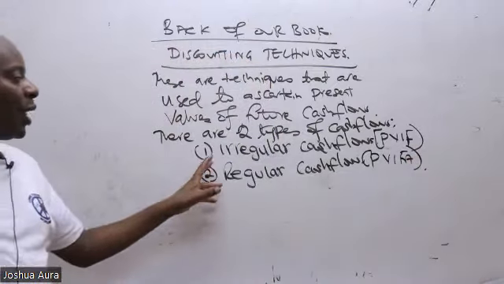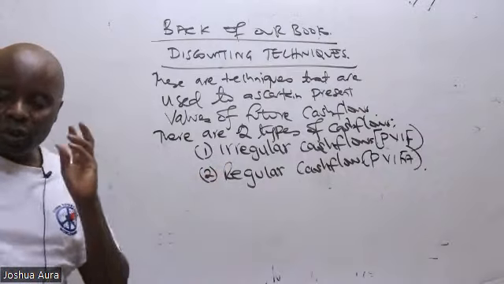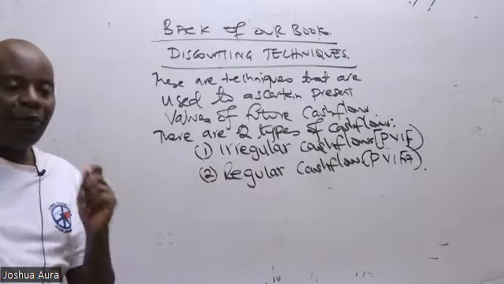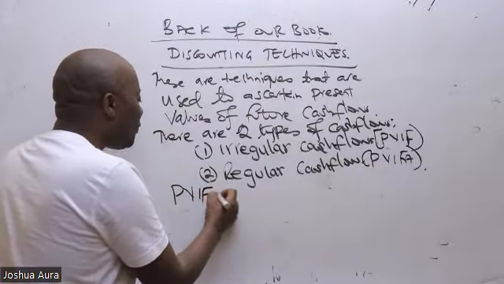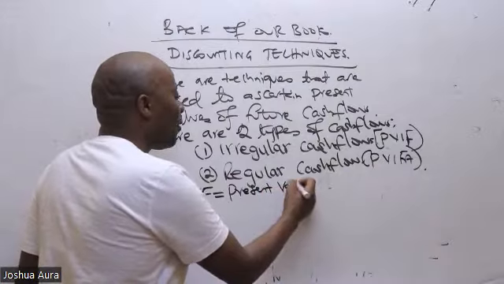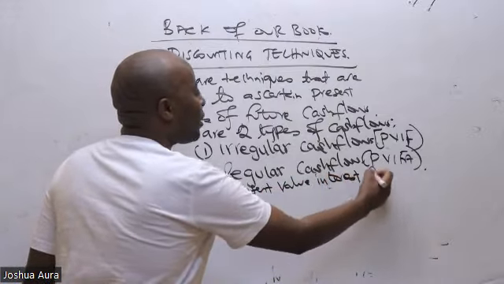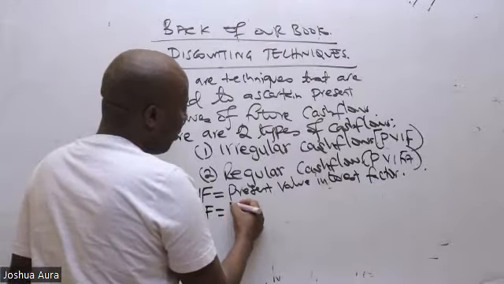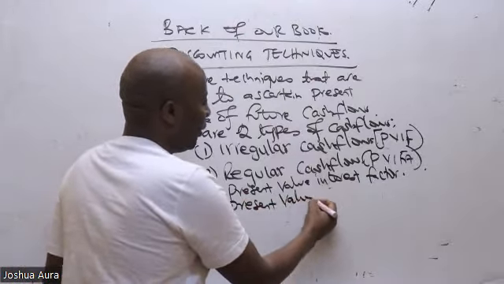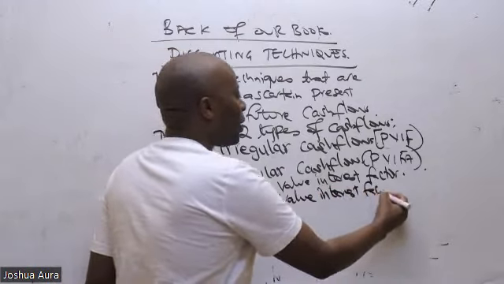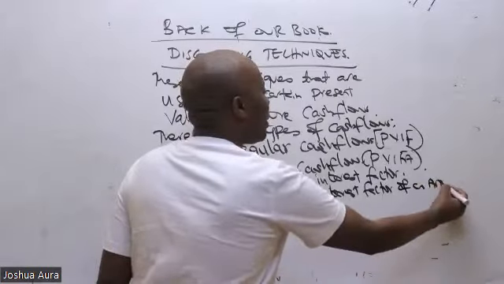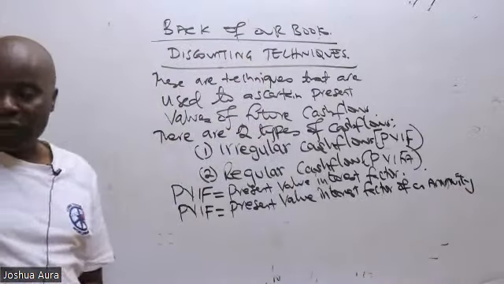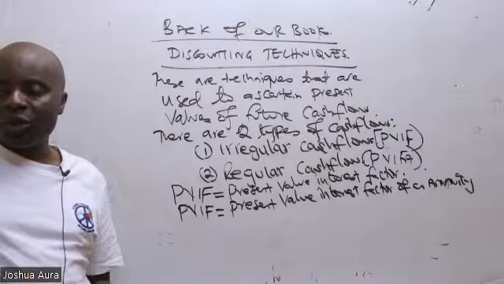So PVIF stands for present value interest factor, with the PVIFA standing for present value interest factor of an annuity.